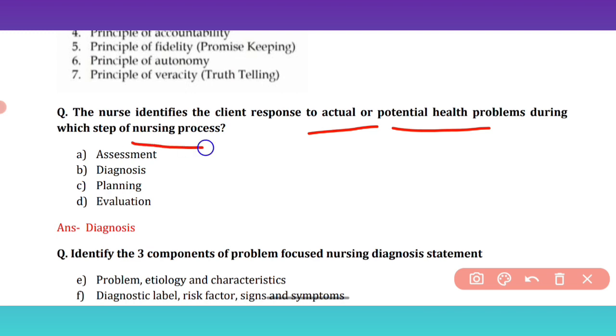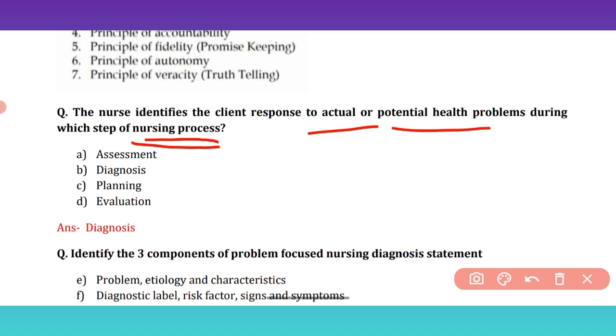So in which step of the nursing process are we analyzing the actual and potential problems? While we are writing the nursing care plan, the nursing process steps are assessment, diagnosis, goal or planning, intervention, implementation, evaluation. All these steps will be there in the nursing care plan, right?